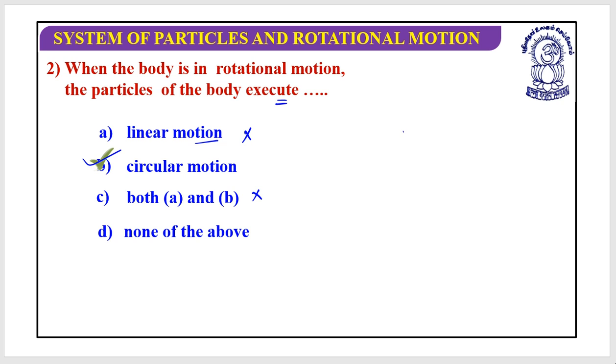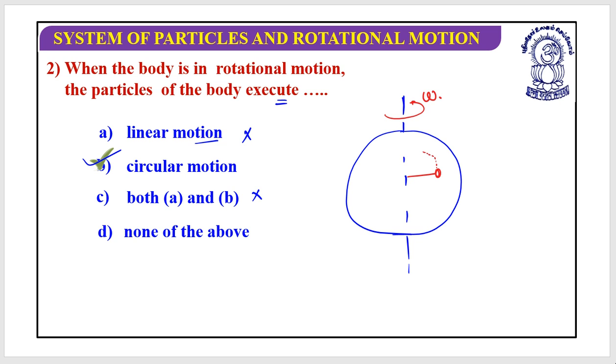Let's suppose this is a sphere, and this is the rotational axis around which it is rotating with speed omega. If you observe this particle, it is moving on a circular path, something like this. If you observe this particle, it is again moving on its own circular path. So every particle is moving in circular motion.